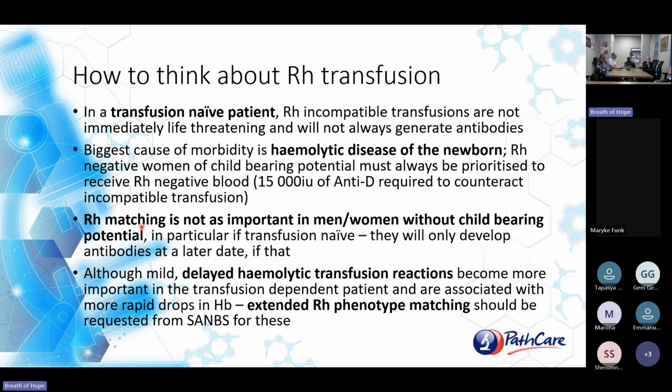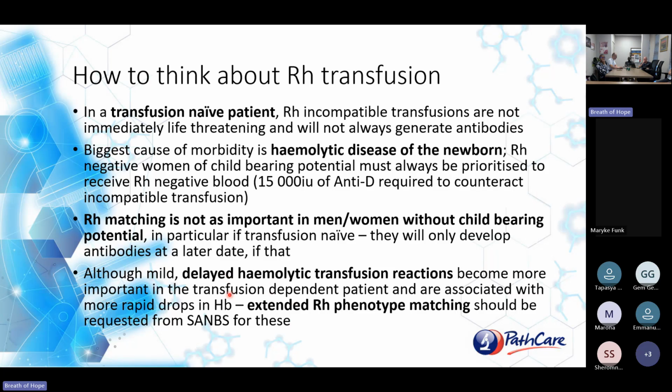If you do give a D-incompatible transfusion to a man or to a woman without childbearing potential, that is not a big issue. They will develop antibodies later, and often they do not develop antibodies. I think, if I remember correctly, in the acute setting, only about 20% of patients develop anti-D antibodies if they are given a Rh incompatible transfusion.